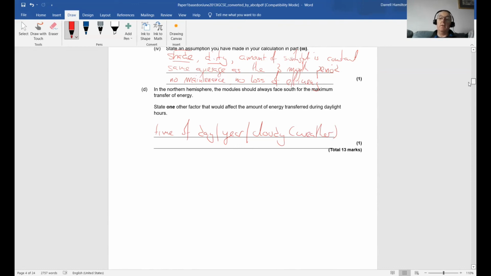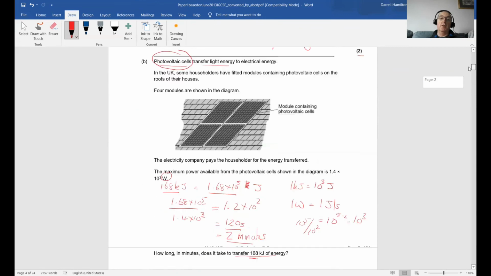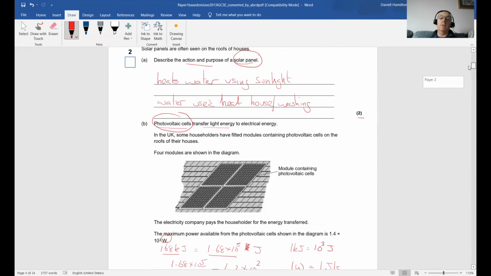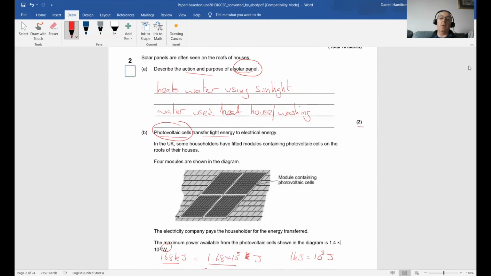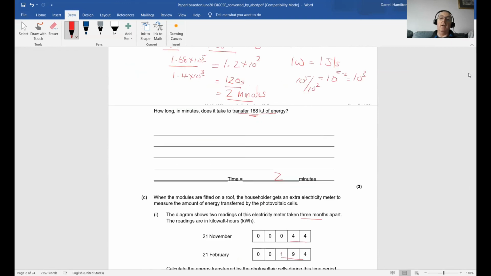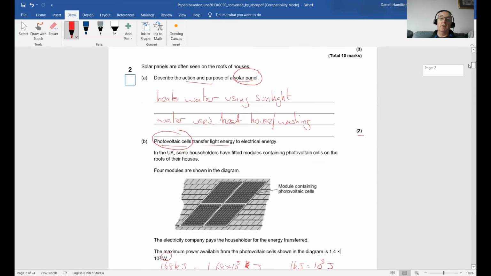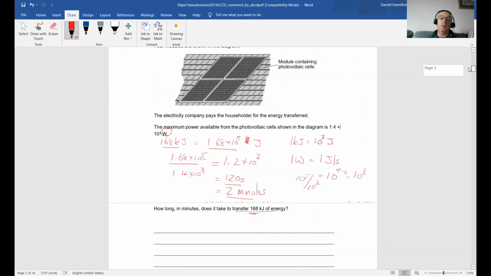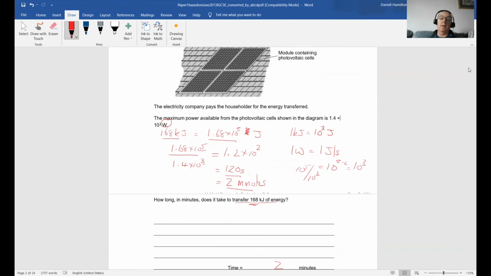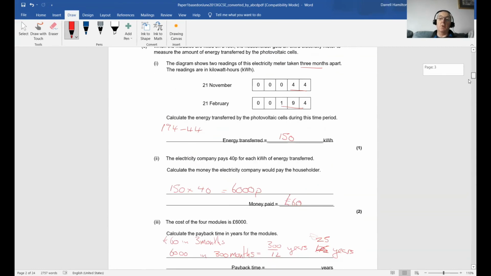So there you have it. You've got a little bit of knowledge, that careful distinction you have to make between solar panels and photovoltaics. You've got a little bit of applying your knowledge of powers of 10 and suffixes, knowing what a watt is, knowing what a kilojoule is, and a little bit of fiddling about with numbers with that.